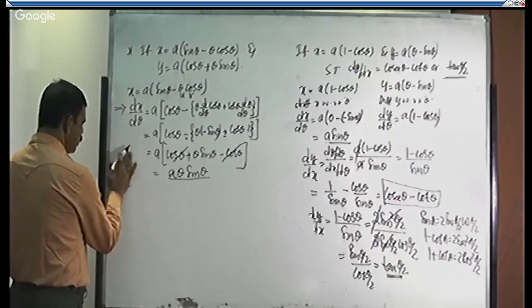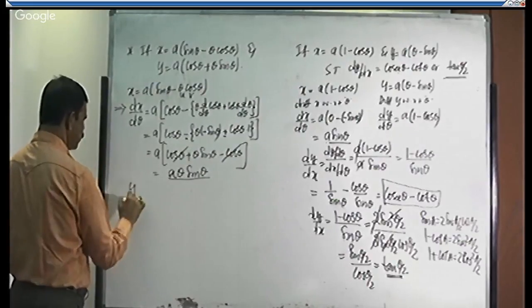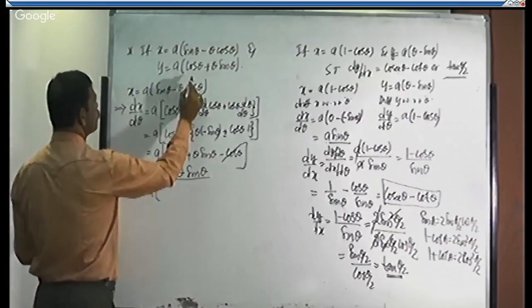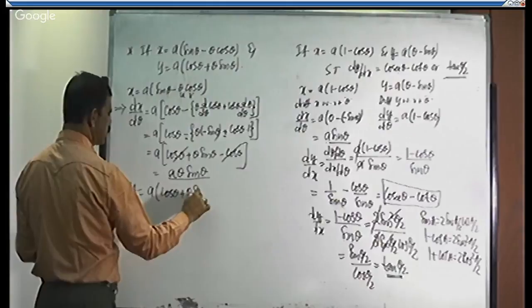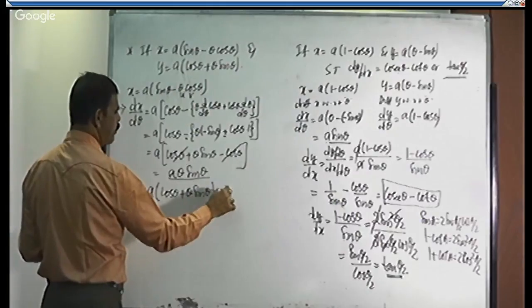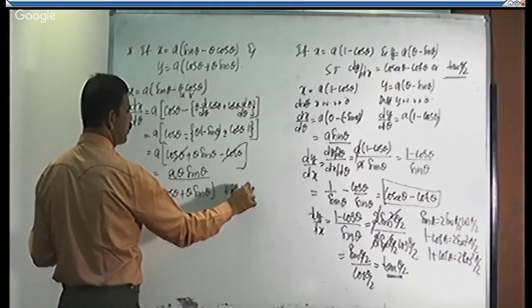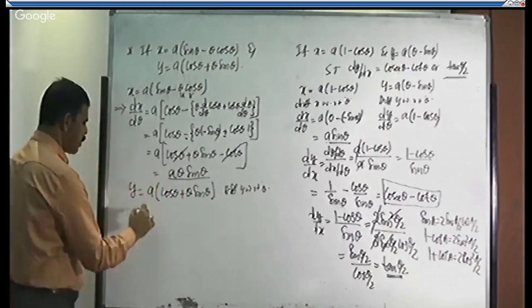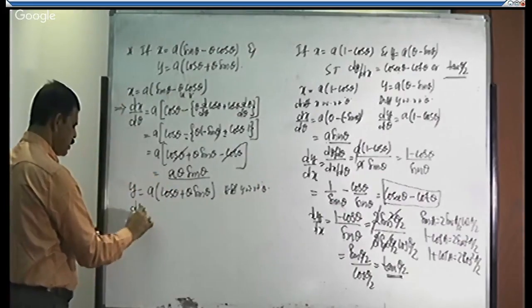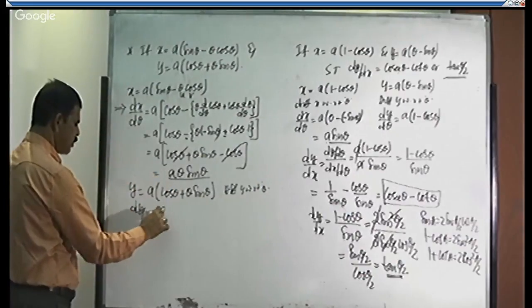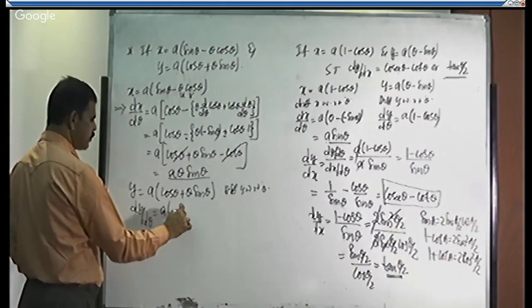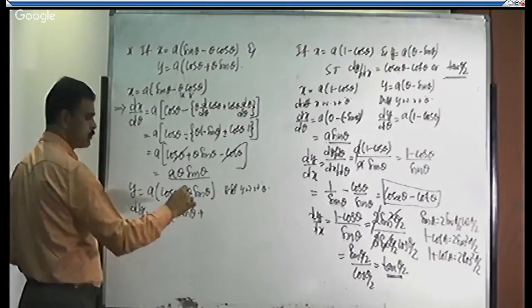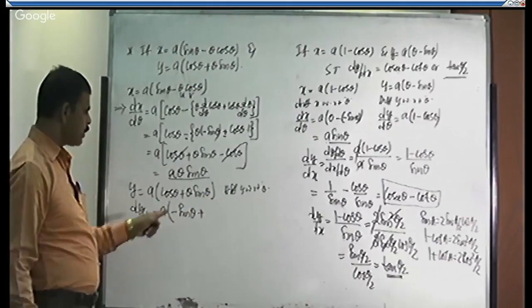Similar to that, take y. What is y? Y is equal to a into cos theta plus theta sin theta. Differentiate y with respect to theta. You get dy by d theta is equal to a into differentiation of cos theta, which is minus sin theta, plus theta into sin theta.